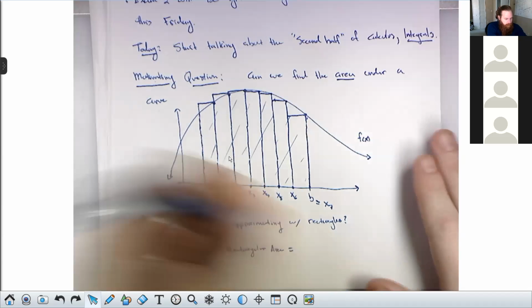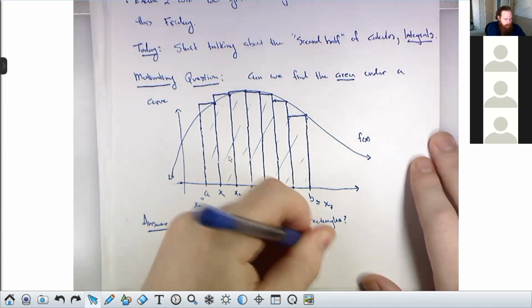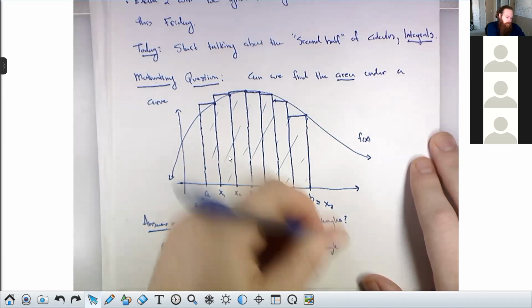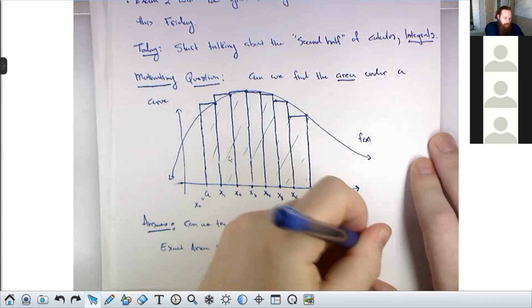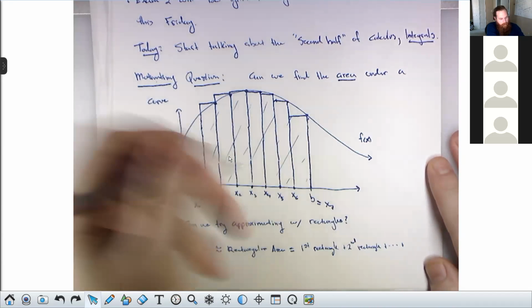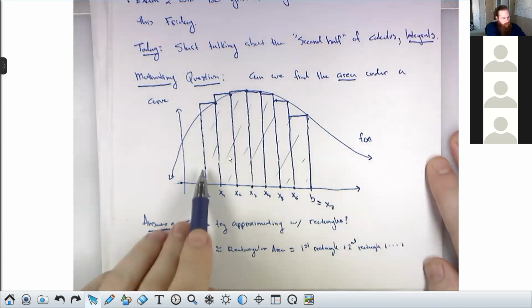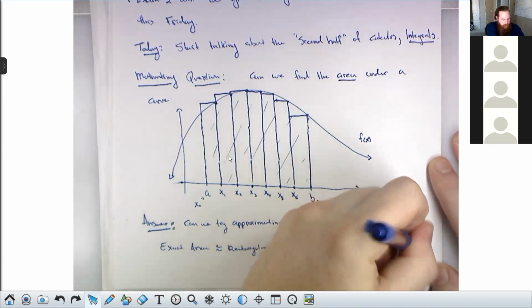Well, this is the area of the first rectangle plus the second rectangle plus out to the last rectangle. In this case, let's see, we got 1, 2, 3, 4, 5, 6, 7 rectangles.